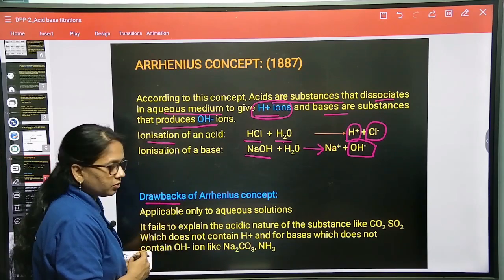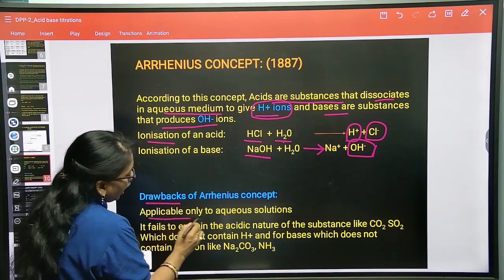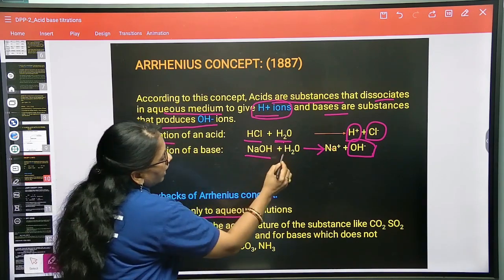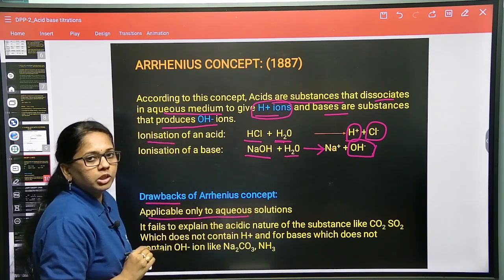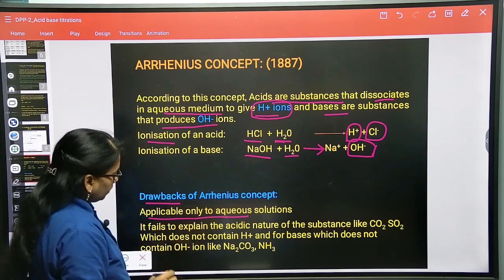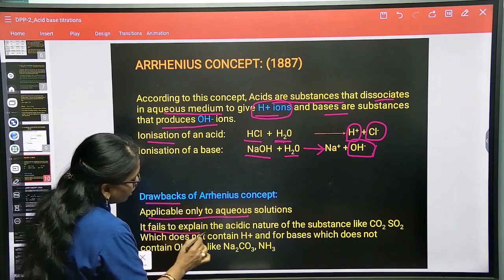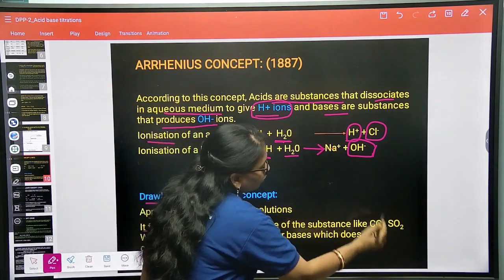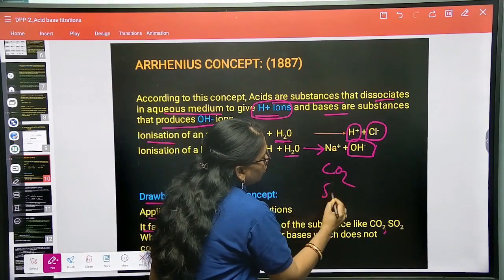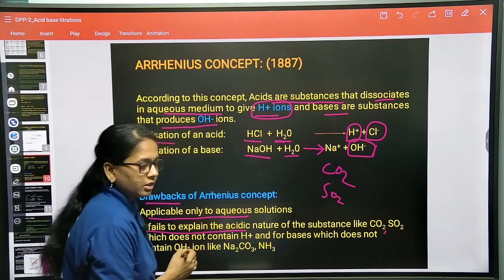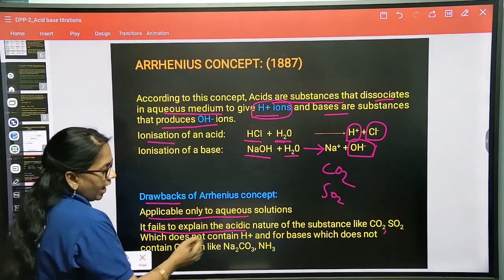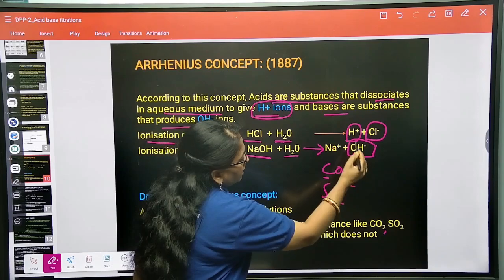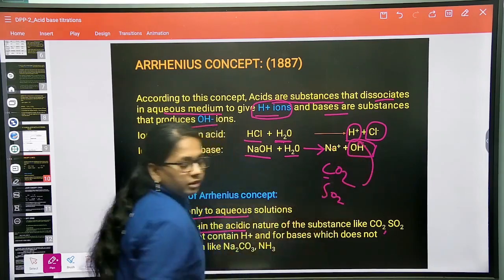So the drawbacks of the Arrhenius concept: it is applicable only to aqueous solutions. In presence of the aqueous medium only do these give ionization of the molecules, and it fails to explain the acidic nature of substances like CO2 and SO2. Carbon dioxide and sulfur dioxide are also acidic in nature, but they do not produce the H plus ions according to the Arrhenius concept.